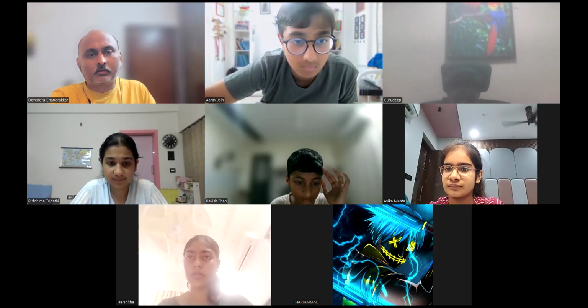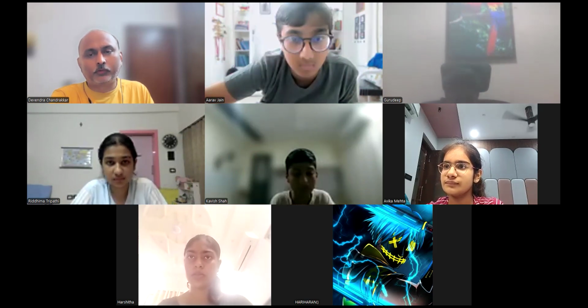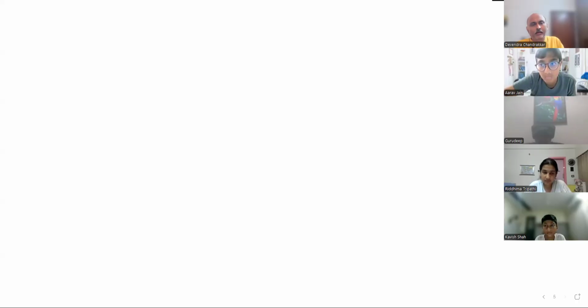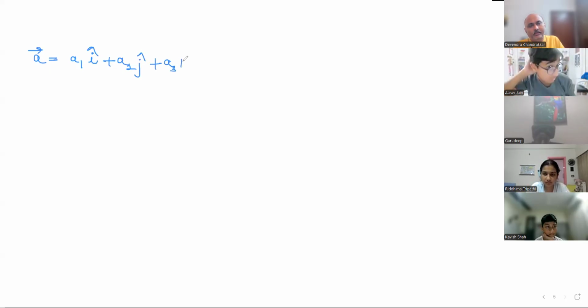So for those of you who don't know about 3D vectors, I'm just showing you how to write the magnitude of 3D vectors. So I have vector A, which is a1 I cap plus a2 j cap plus a3 k cap. It has all its three dimensions intact, so its components are along all the three dimensions, x, y, and z.